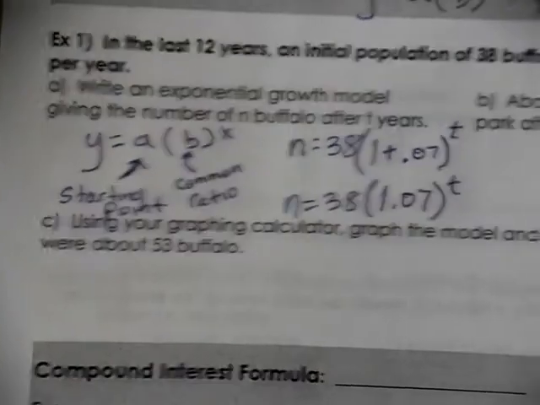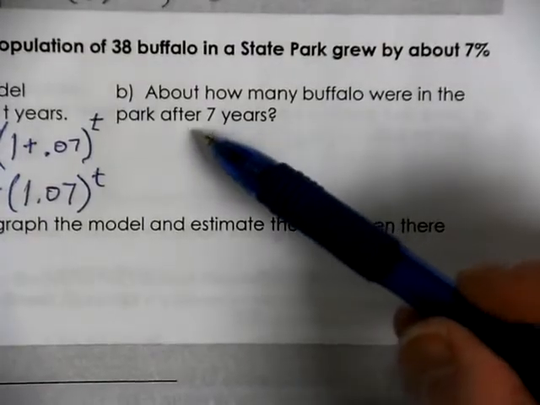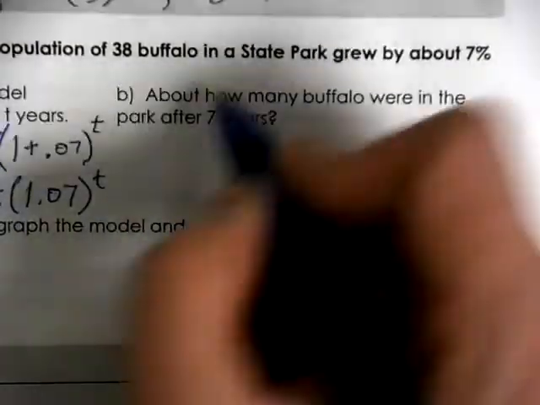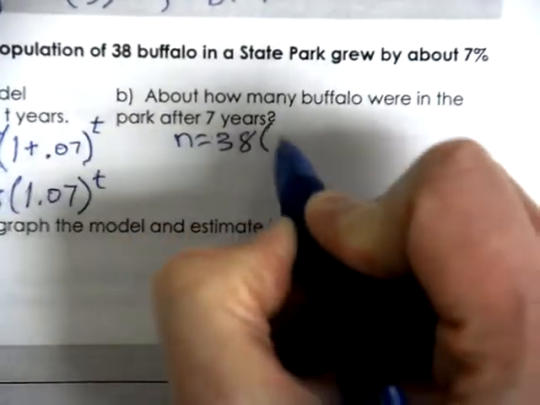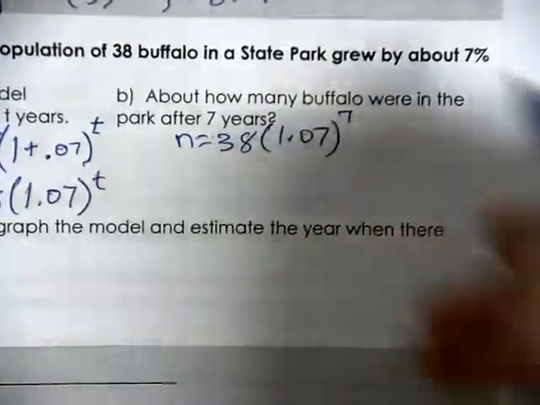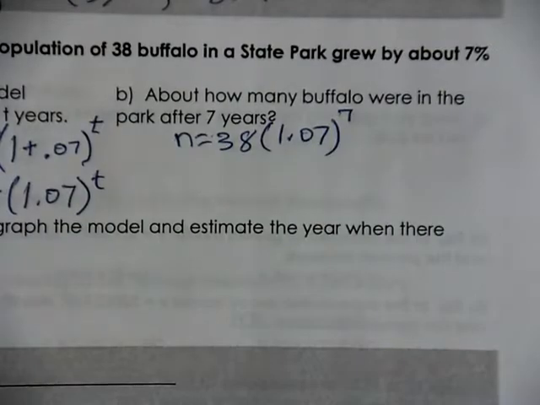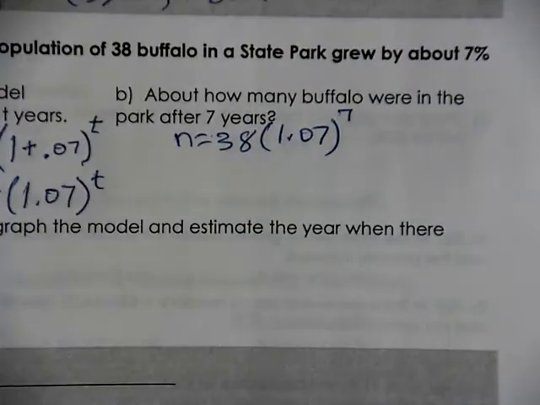So they want to ask, how many buffalo are we going to have after 7 years? Well, if we take our n equals 38 times 1.07 to the 7th power, because that's the number of years, we can calculate how many buffalo we'd have.